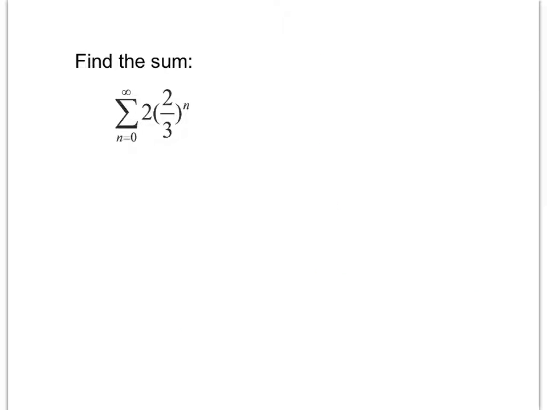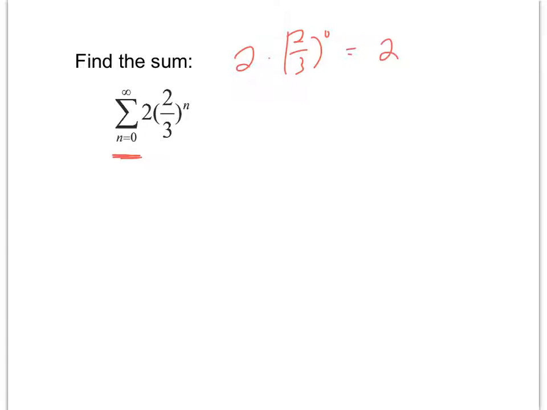Okay, in this guy right here, we're going to find the sum of an infinite series where we're actually starting at n equals 0, but that's okay. Just plug in, our first term is when n is equal to 0. So our first term, if you want to think about it, is 2 times 2/3 raised to the 0 power, which of course is 1. So 2 times 1 is 2.